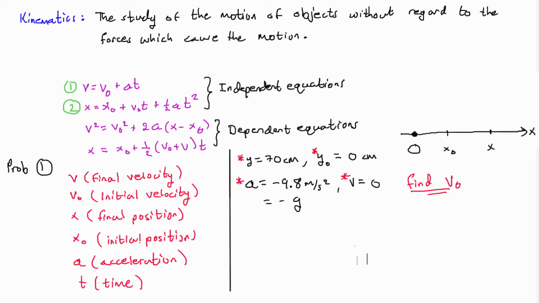So we go to these equations, right? Now remember, we're not given time, so we have no time to work with. We're not given anything about time. We don't know how long it takes for him to jump that high. So we look for which one of these equations involves all of these but no time, so that we don't have to worry about knowing what time is.